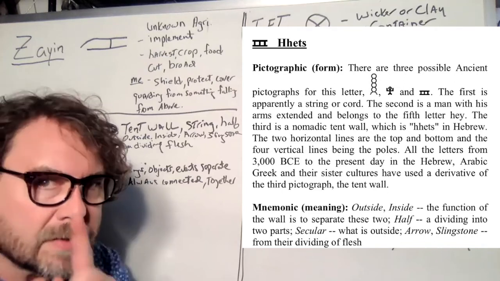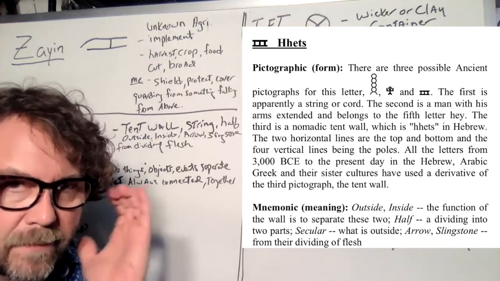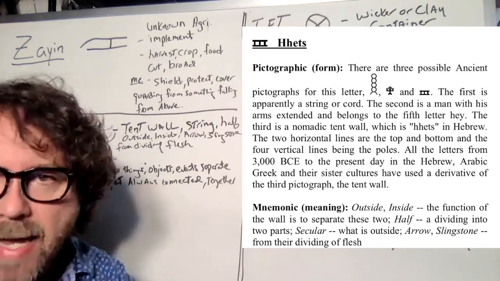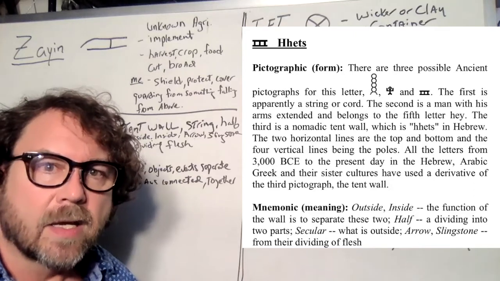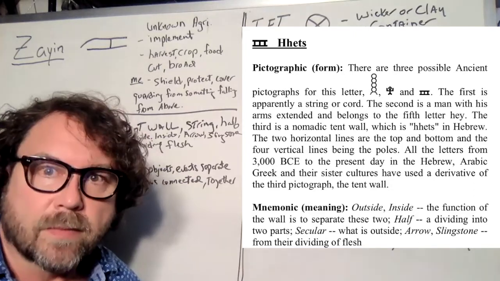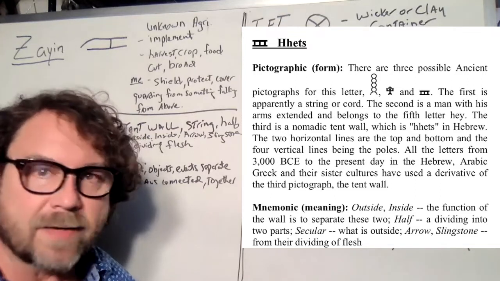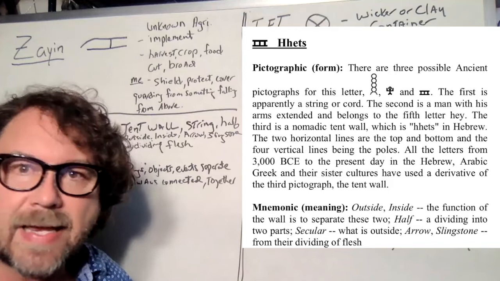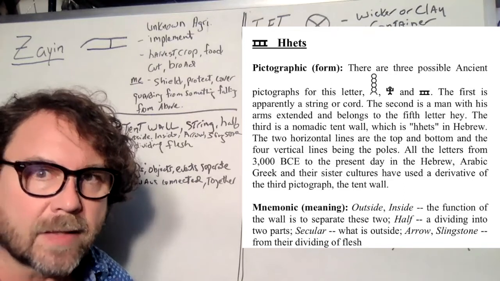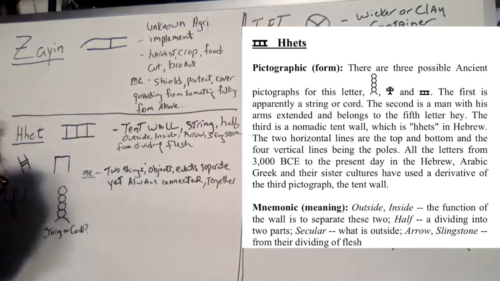But let's remember our perspective. They're trying to communicate things to people in the future who are going to have a different language, different way of speaking, different writing techniques, and everything. Let's look at this one really close. I don't think this is a string or a cord at all. I'm just going to erase that.